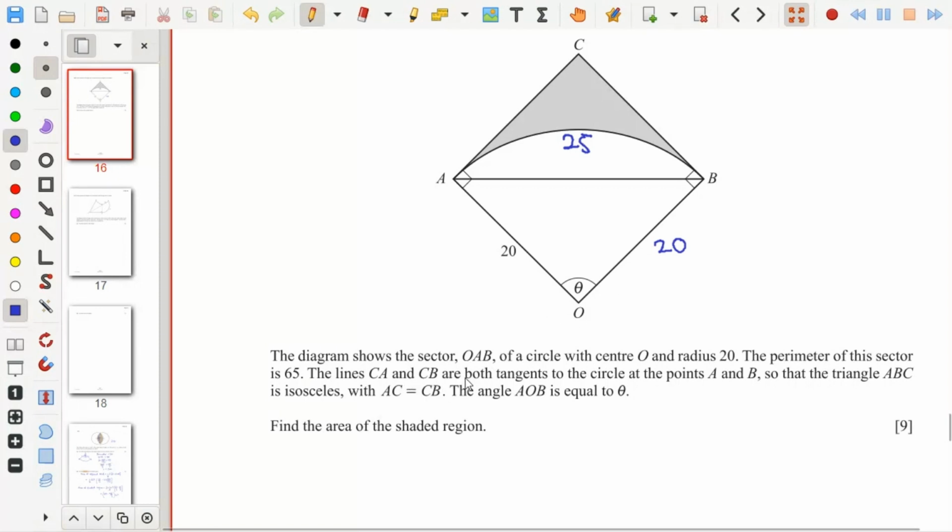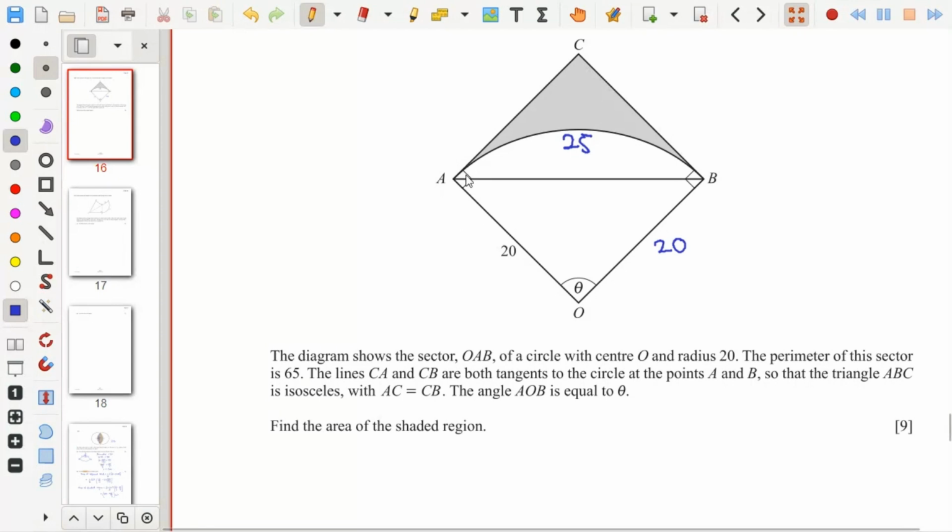CA and CB are both tangent. That explains why we have 90 degrees here, because this is the radius and this is the tangent. Radius meets the tangent at 90 degrees.